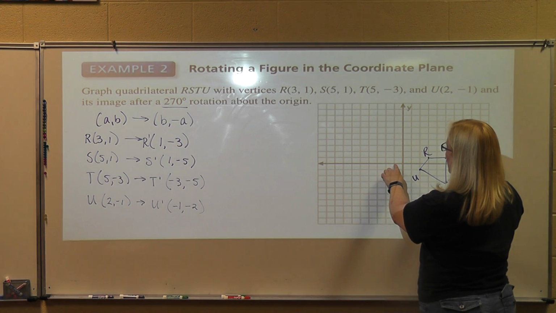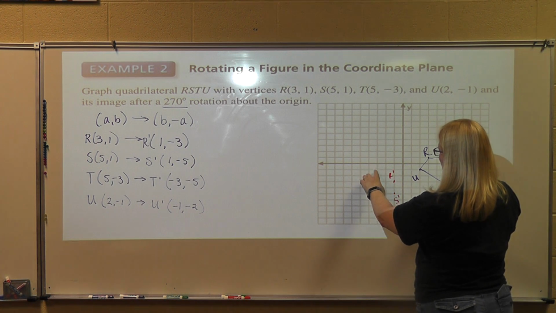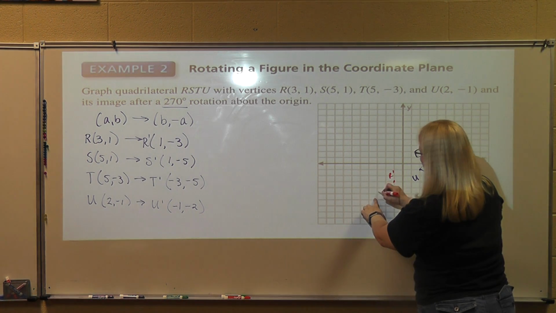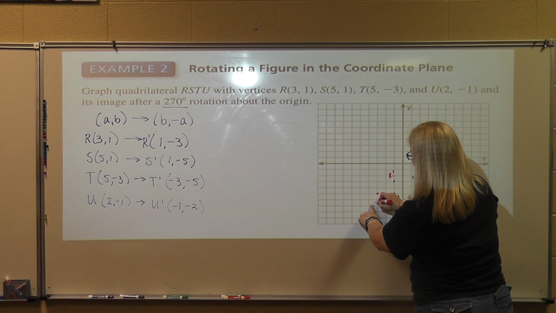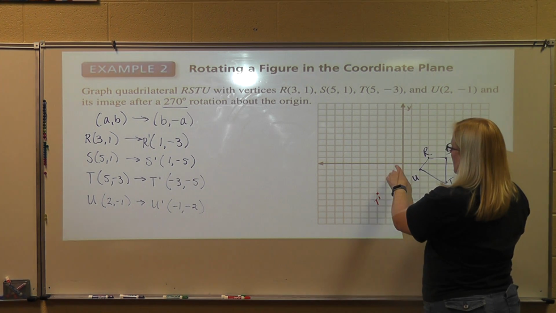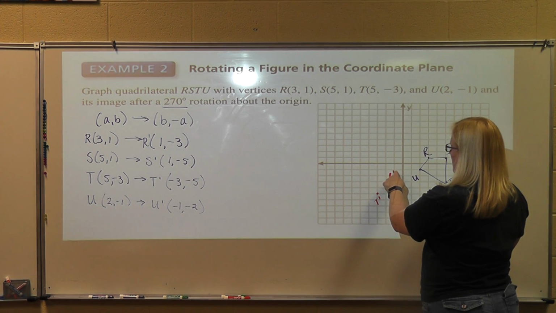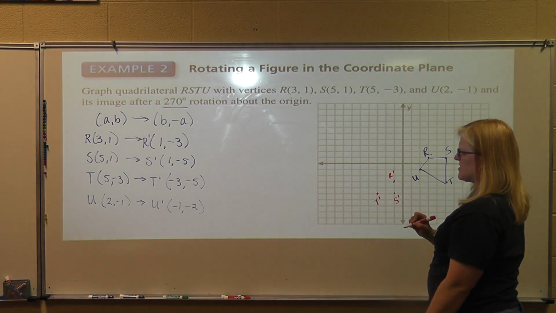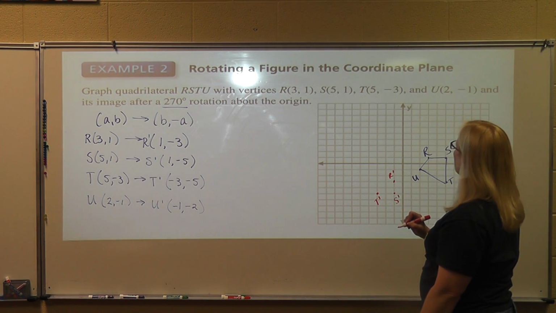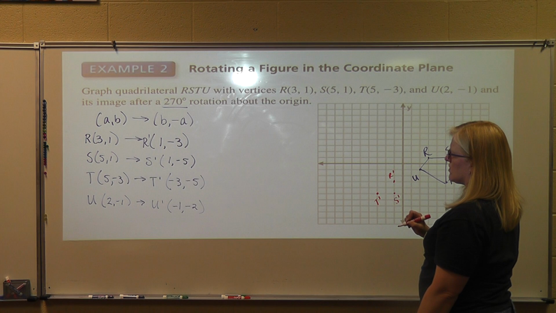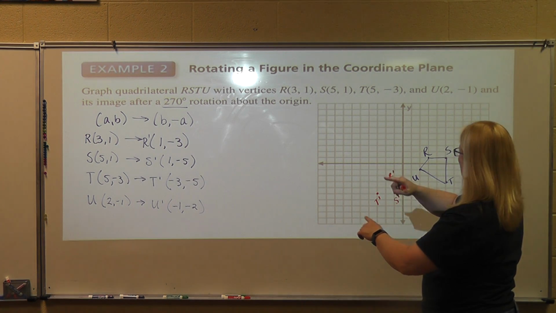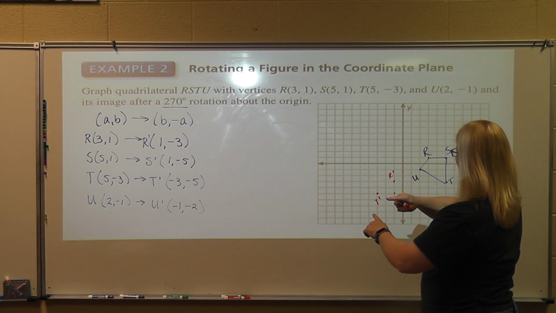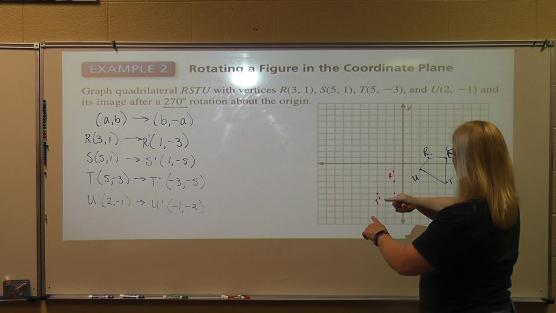T is negative 3, negative 5. And U prime is negative 1, negative 2. I did something wrong there, didn't I?